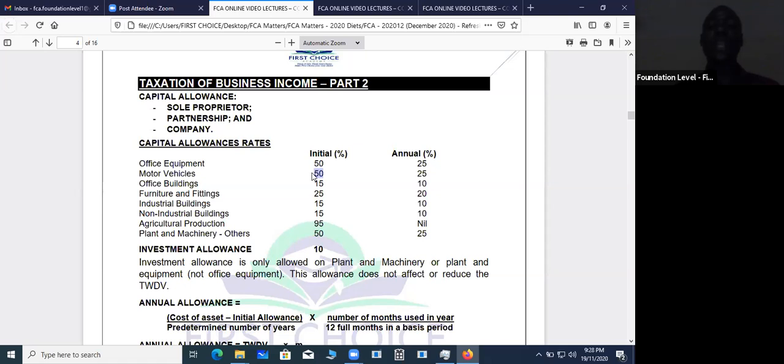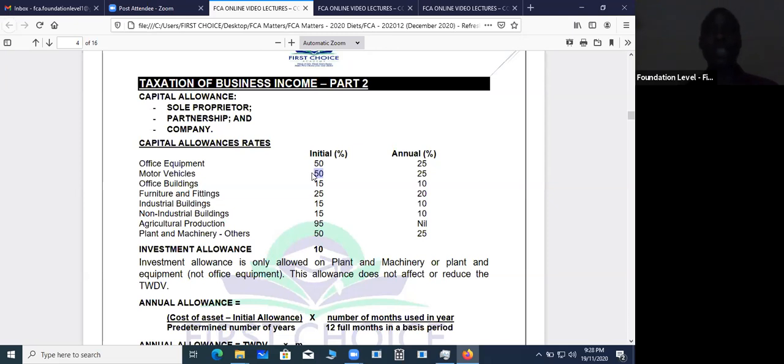So initial allowance is also not prorated. By prorating, we mean that if you have, let's say, 12 million naira, for example, and it's supposed to last for 1 year, but you used it for only 10 months.